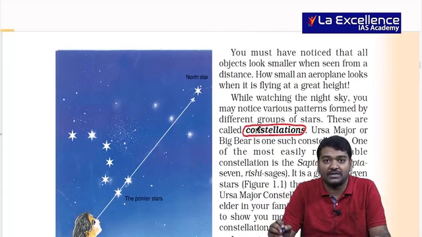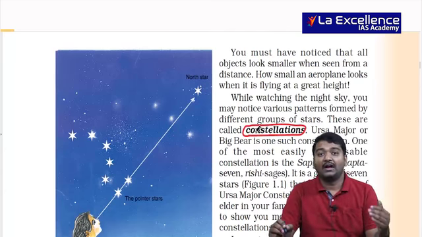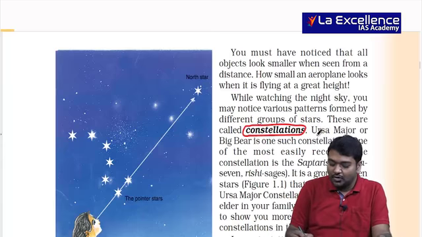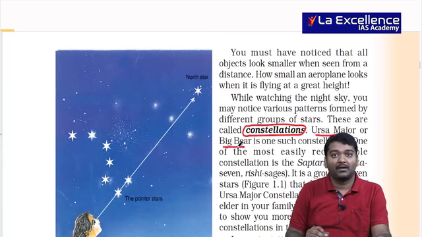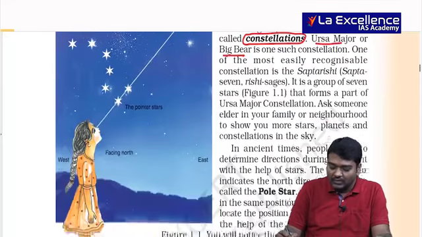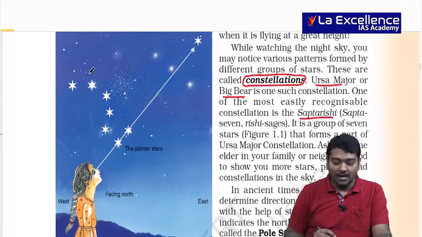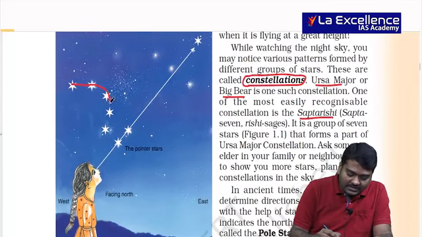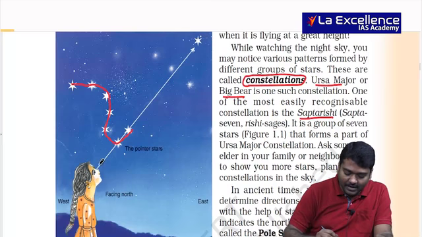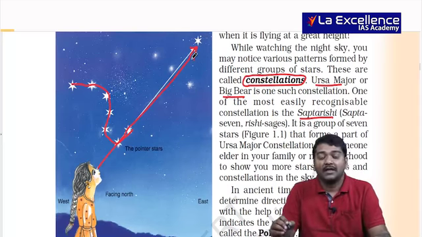Different groups of stars are called constellations and they are given different names like Ursa Major, the Big Bear. In this, what is more important for you is you have to remember Saptarishi. If you can see the 7 stars, with the help of the last 2 stars, you can locate the pole star.